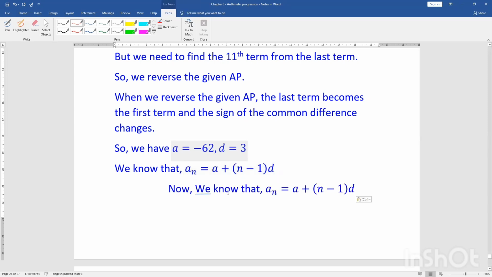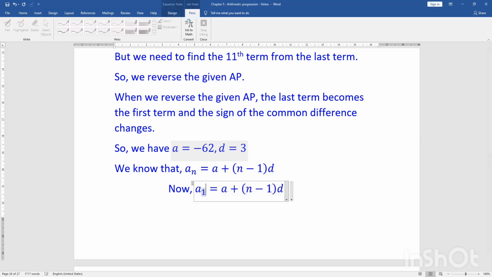I'm going to write the same formula here and show you how it is substituted. A_11 is equal to a plus (11 minus 1) into d.